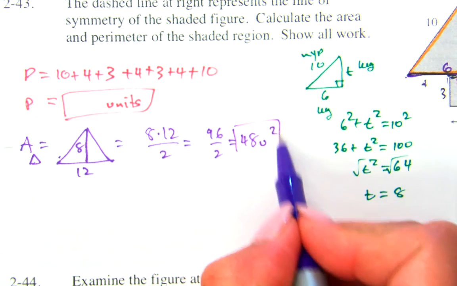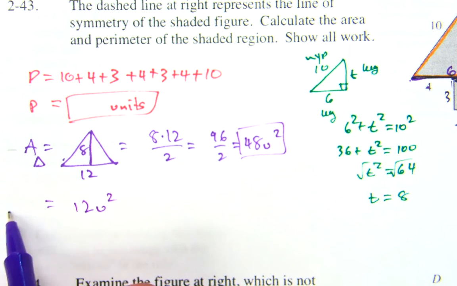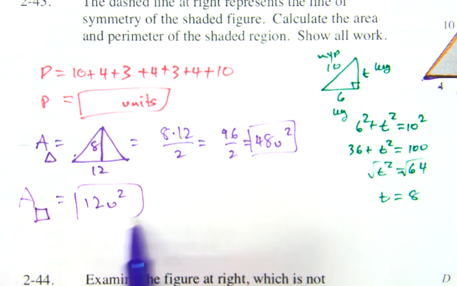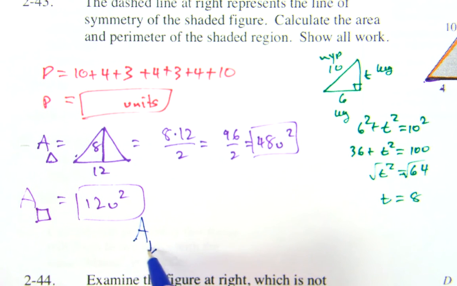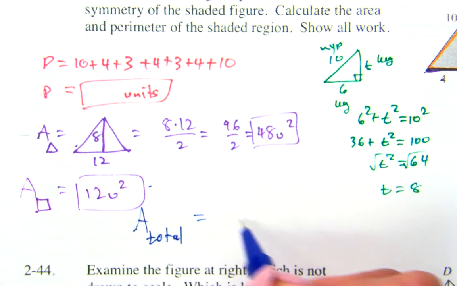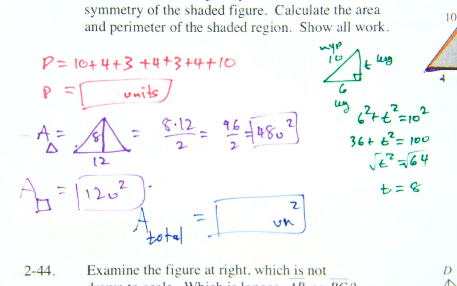So that's 48 for the triangle piece, and it was 12 units squared for the area of the rectangular trunk, right? So you need to add those together. The total area should be equal to the 48 plus the 12, and that should give you the total area in units squared.